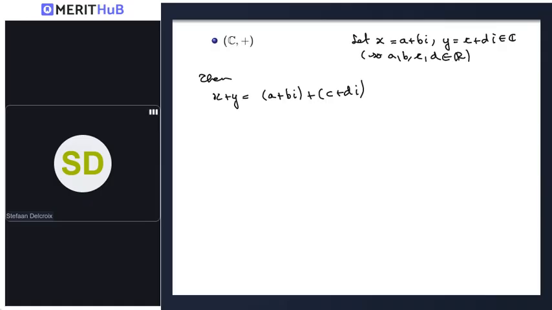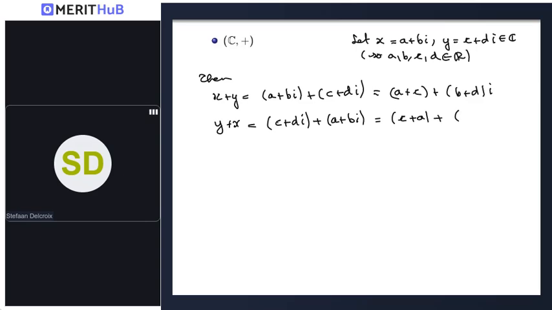The way we add complex numbers is we add the real parts, we add the imaginary parts. We also add them the other way and see if we get the same answer. So that's c plus a plus d plus bi. And then the question is, did we get the same number?